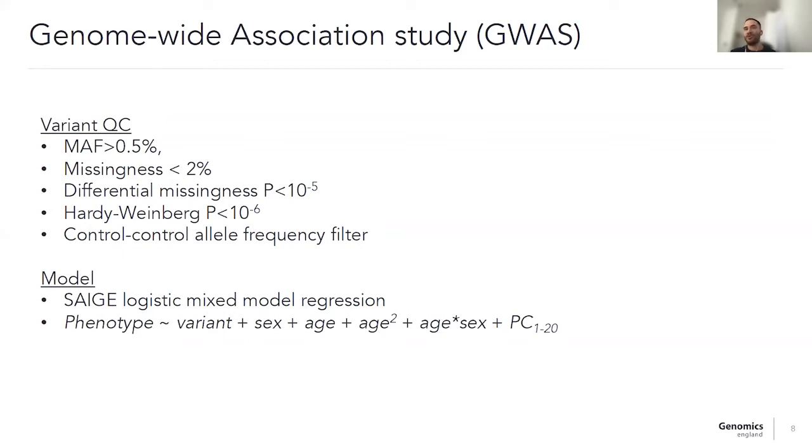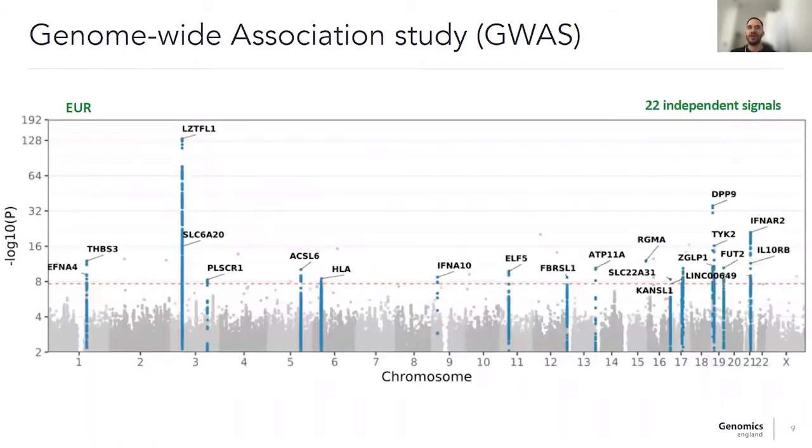We also performed, as you can see, several filters in order to eliminate potential false positives. We used a logistic mixed model regression as implemented in the method SAIGE. And our covariates were sex, age squared, age times sex, and also 20 principal components to control for stratification. Next slide.